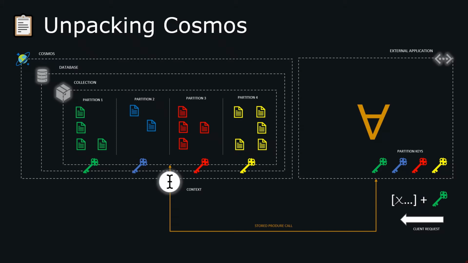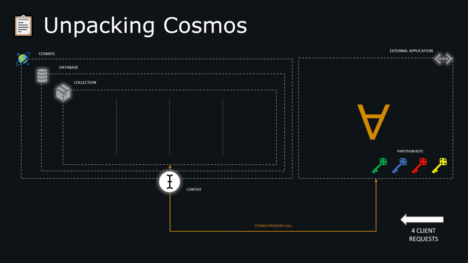But one thing to note is that because we are operating on a partition, if there's ever a use case where we need to change all the data within Cosmos DB, we'd find ourselves running the stored procedure multiple times until the entire data is changed. So this brings up a case of selecting the partition key and ensuring that we choose the right partition key so that we don't run as many stored procedure calls as possible.